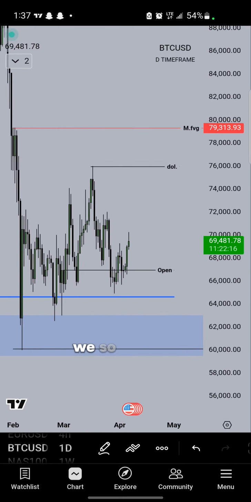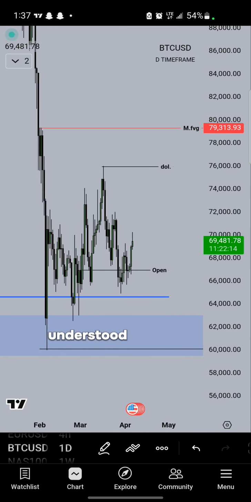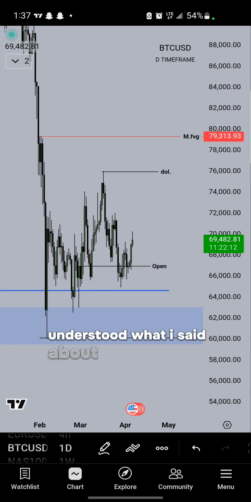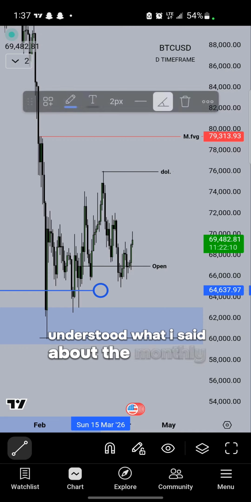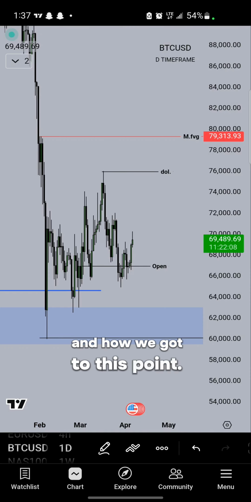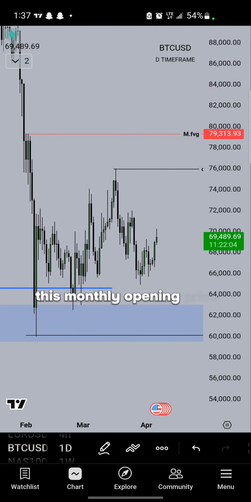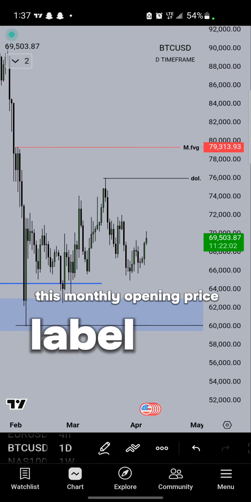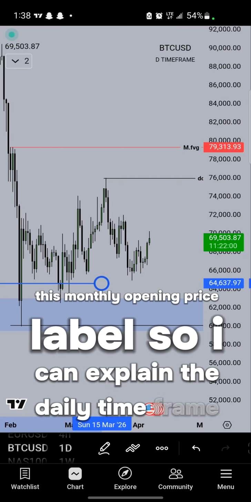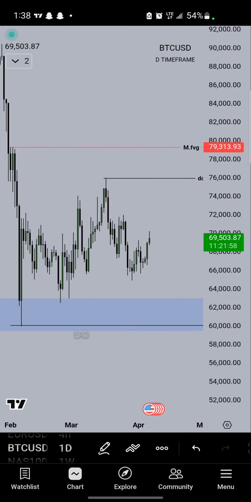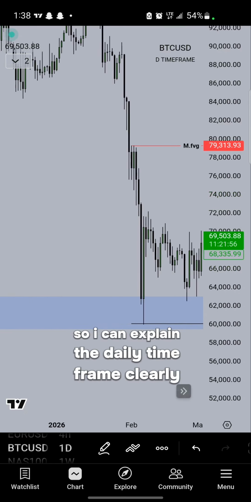I believe you understood what I said about the monthly and the weekly time frame and how we got to this point. So I'm going to delete this monthly opening price label and this order block so I can explain the daily time frame clearly.